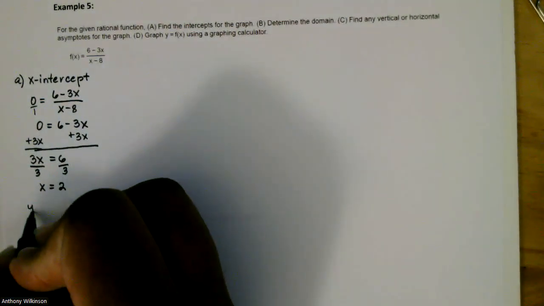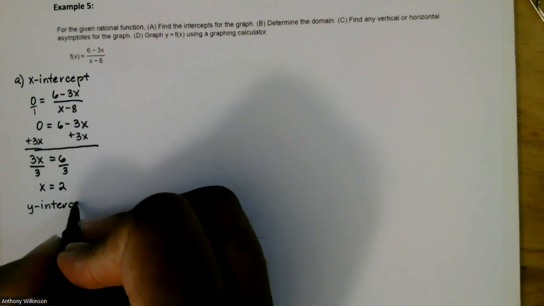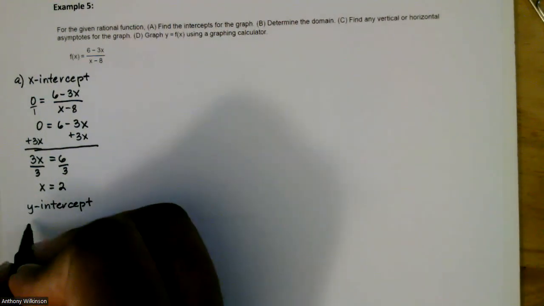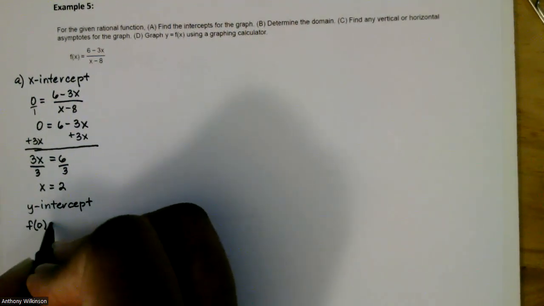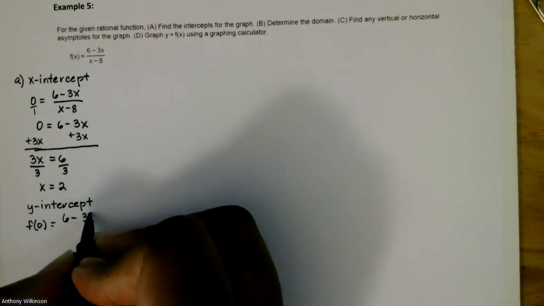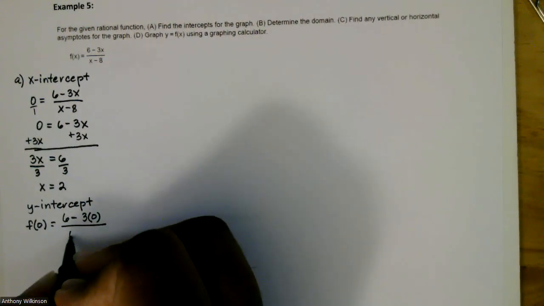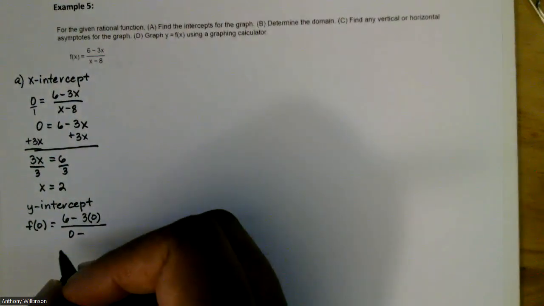Now for the y-intercept. Anytime you're finding the y-intercept, you substitute 0 in for x in that rational function. So we're going to evaluate f of 0. That's going to be equal to 6 minus 3 times 0, divided by 0 minus 8.